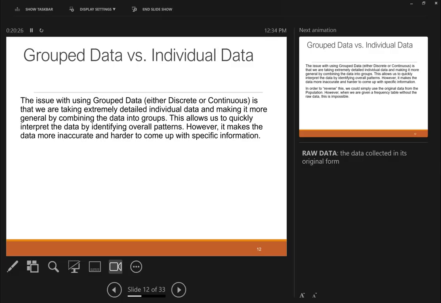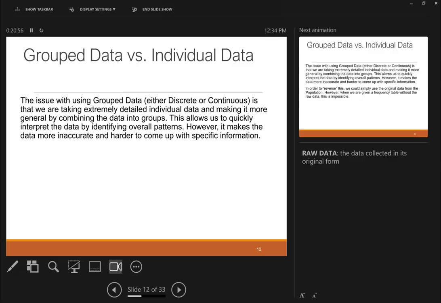Okay. So what we've done here is we've talked about taking individual data and turning it into group data by building these groups and counting how many of our individuals fit into every group, right? When we do that, unless you're the one that's actually doing the counting, the individual data is lost.